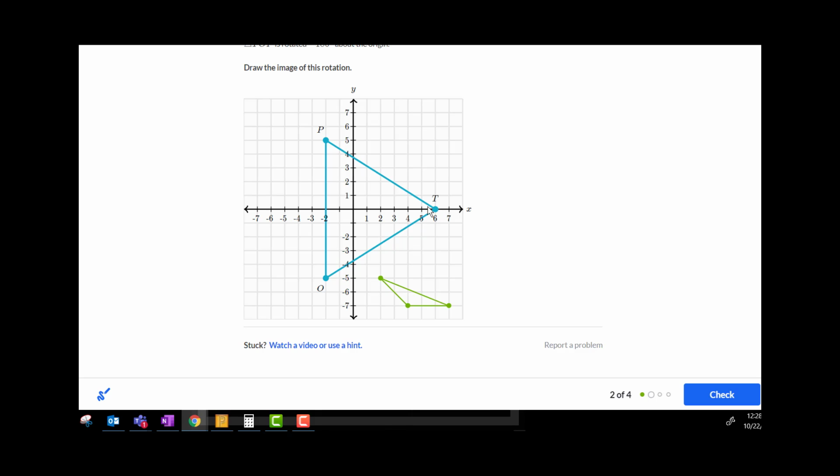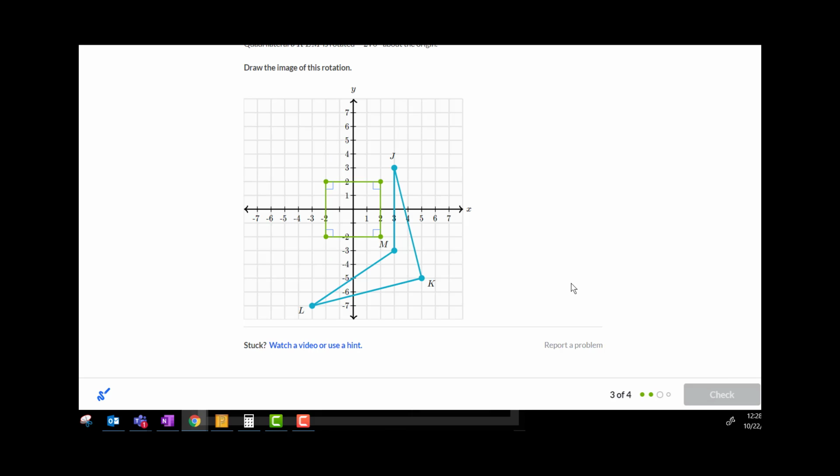T is at 6, 0, so now we're going to move that guy to -6, 0. Where's O? O is at -2, -5, so O prime will be at 2, 5. So it's made a weird looking star shape there.